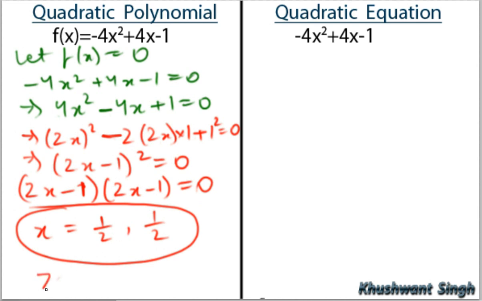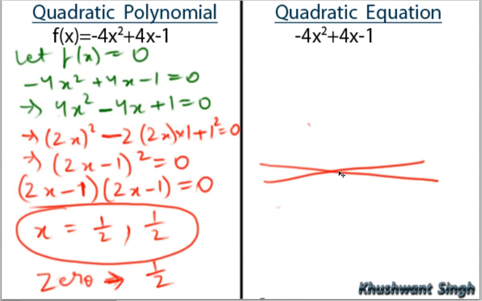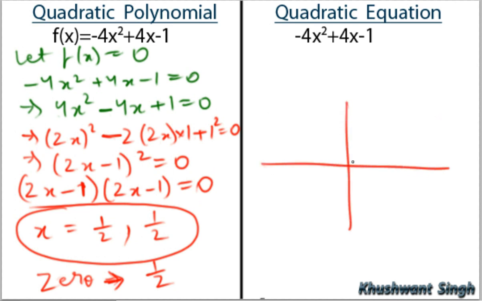That means zero will be just 1. We know that if two numbers came to be same, then only one will be considered as zero. Because if there is x-axis and a line or any curve passes through the x-axis, now if it passes from this point, like we saw in that question, this point was same common.